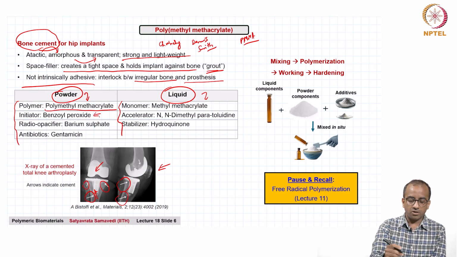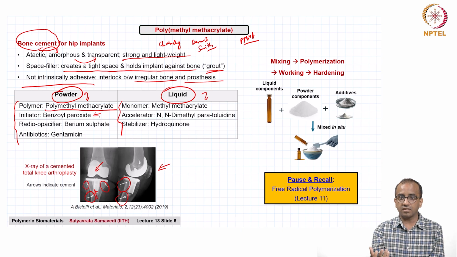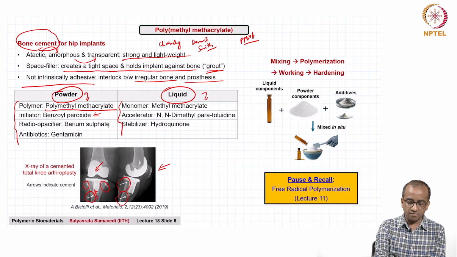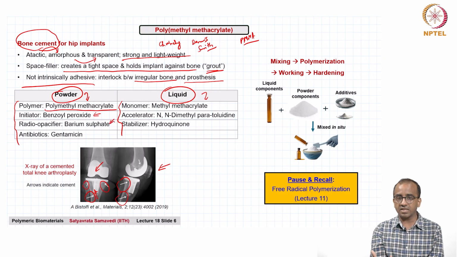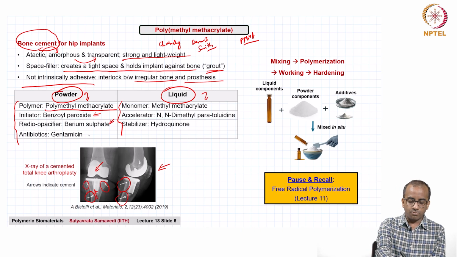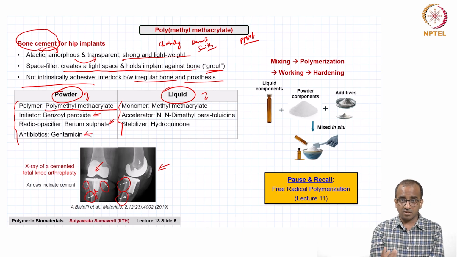The benzoyl peroxide acts as the initiator, initiates the process, and barium sulfate is typically added as a radio opacifier, so that you can see this in X-rays. To prevent bacterial infections during surgery and post surgery, antibiotics such as gentamicin can be integrated.